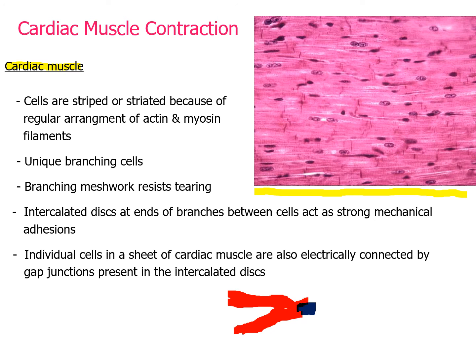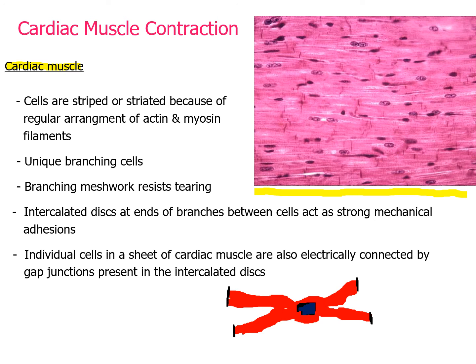And at the ends of these branches, where the next cell branch is, you have a unique structure called the intercalated discs.